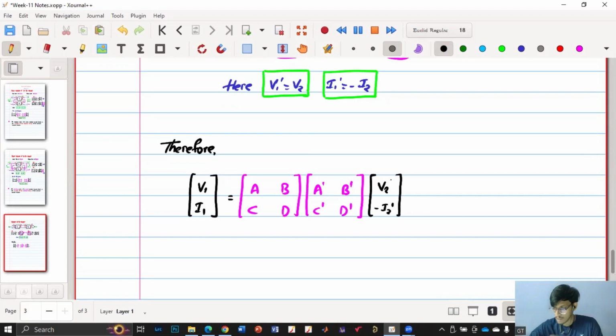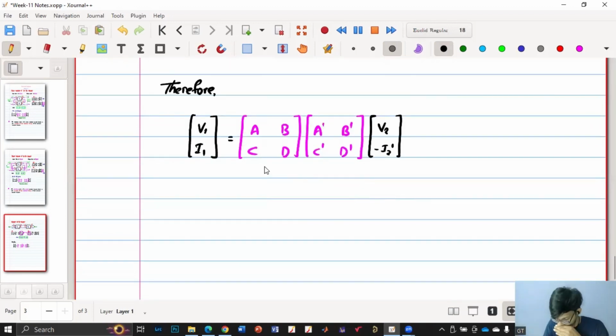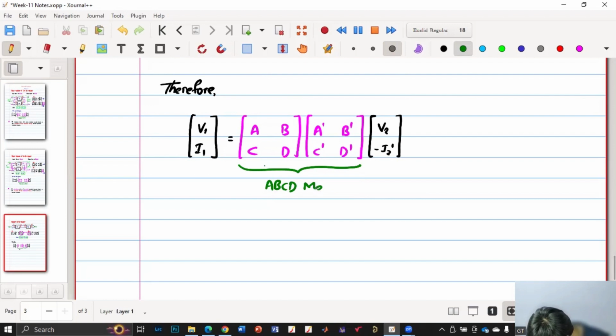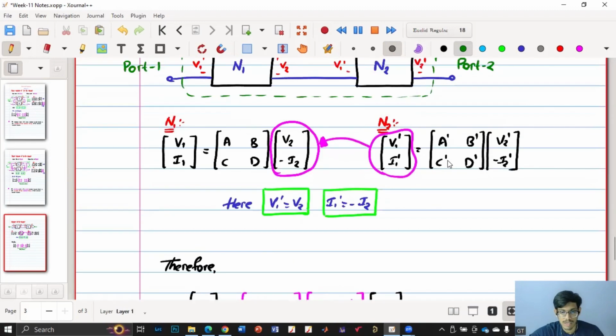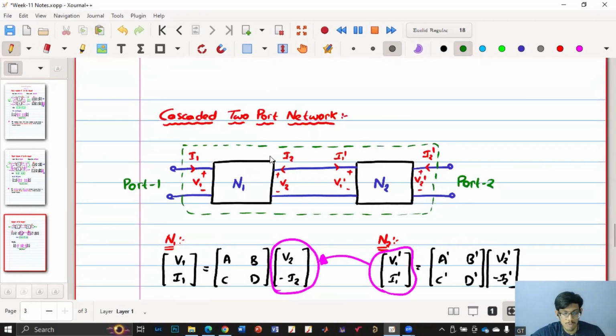So now this will become our new ABCD matrix for the entire port. Okay, so now let us just quickly summarize what we have discussed in cascaded two-port network. So there are two-port networks which are connected in a cascaded way. So the output of port one is the input of port two.